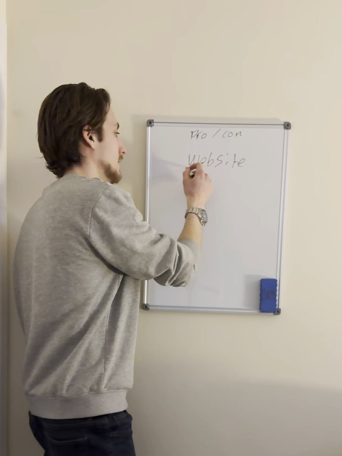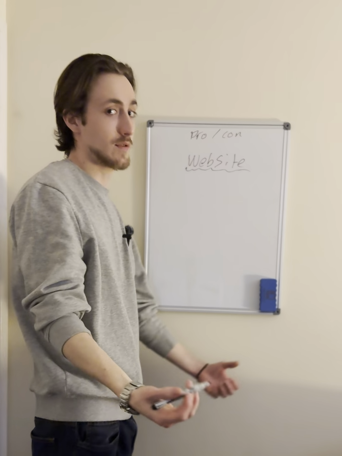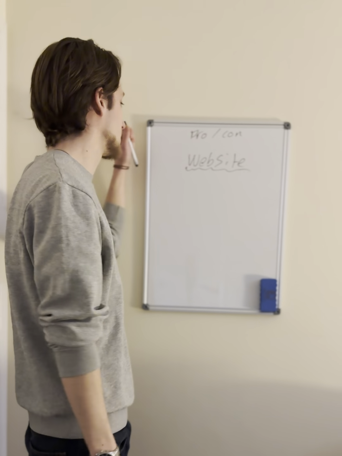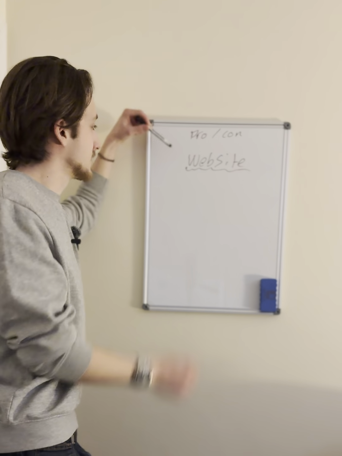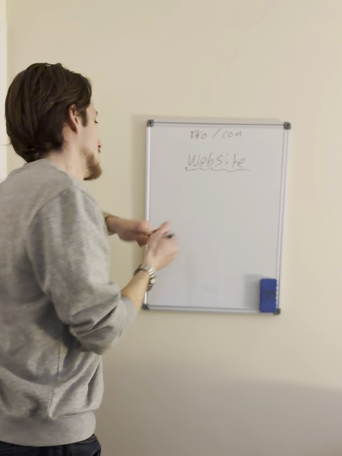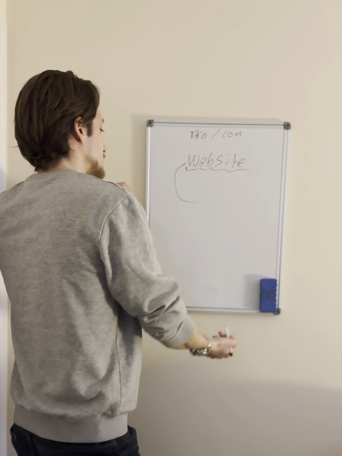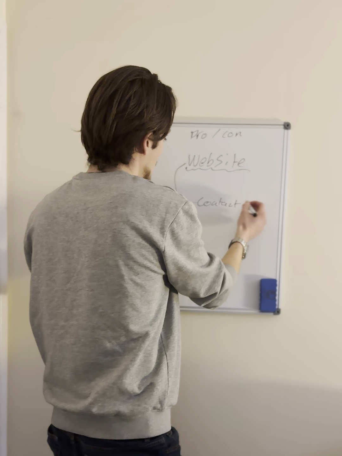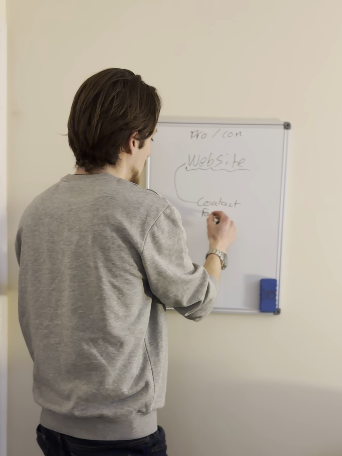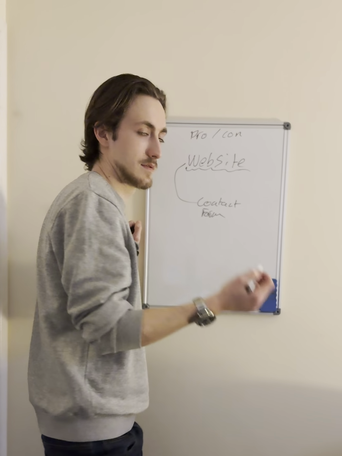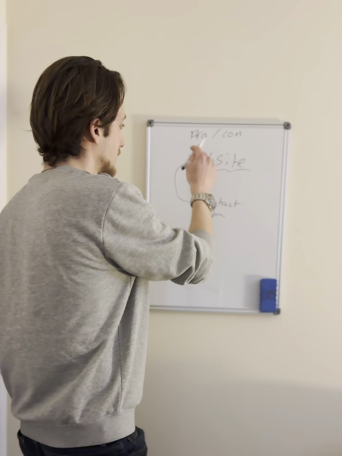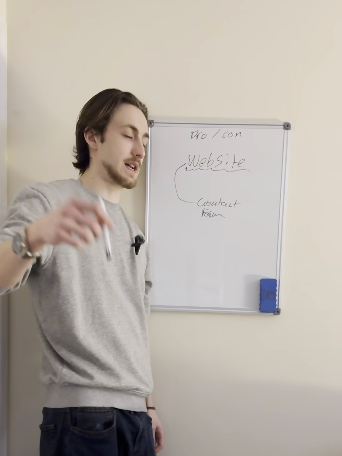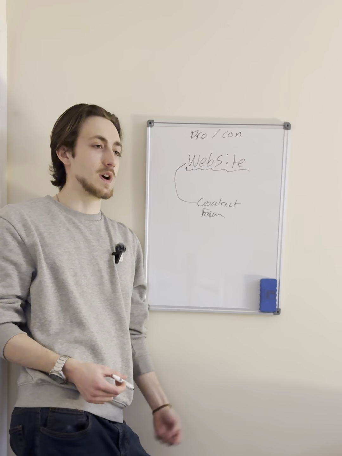Now this is obviously only applicable if you do have a website in place already. When it comes to sending leads to your website, I would always recommend you send them to the contact form on your website straight away. Basically, how you link this up is on your ads manager, in your campaign, you will be asked where you want to send these people.